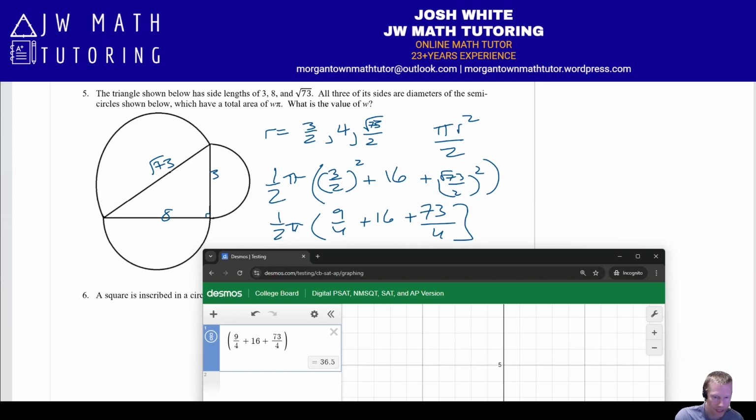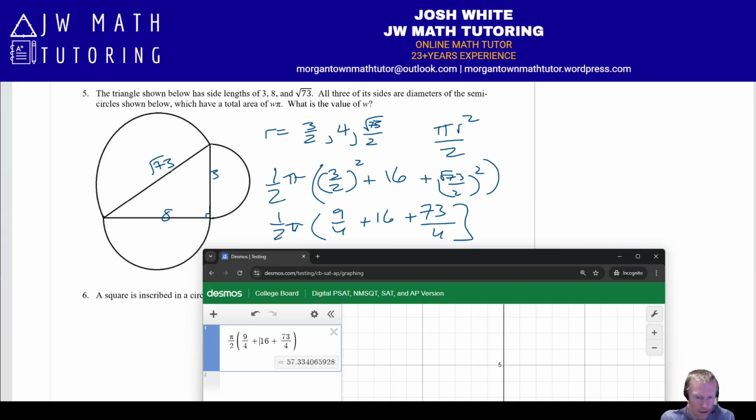That's multiplied now by pi over 2, or by 1/2 pi, however you want to think about it. So if you do that, okay, you get this number.